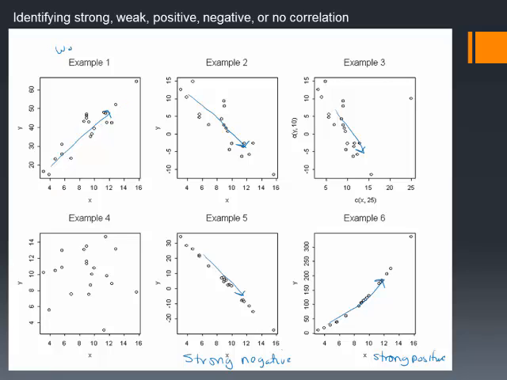So we would say this was a weak positive and a weak negative and another weak negative. Now example 4, as you can see, the points are just sort of scattered randomly. So example 4 would show no correlation.